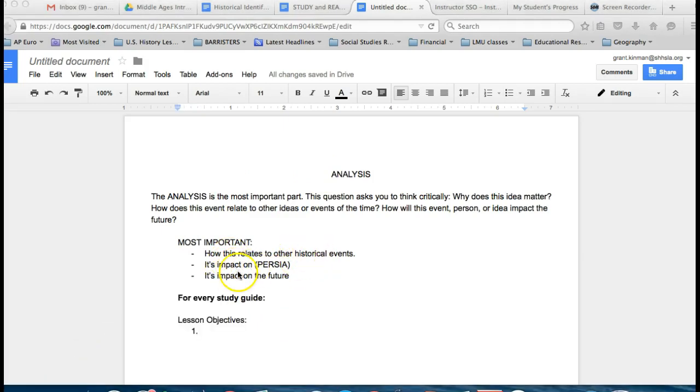Okay. I paused and jumped ahead a little bit, but you can pause and take these notes. For every study guide, you need to respond to all lesson objectives at the end of your Cornell notes. And I want you to use this process every time. This is a skill we have to get good at, breaking down the question.